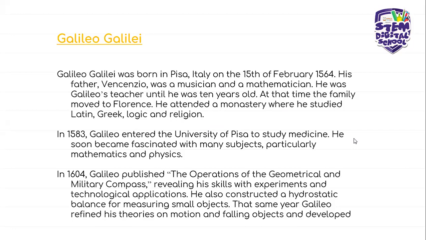So the most important section in paragraph 1 is: Galileo Galilei was born in Pisa, Italy on the 5th of February 1564, which basically just tells us when he was born and all the important details of his birth. That's the most important line there.